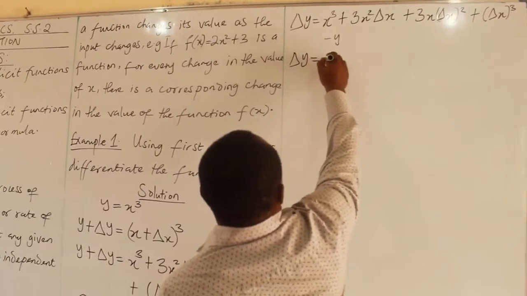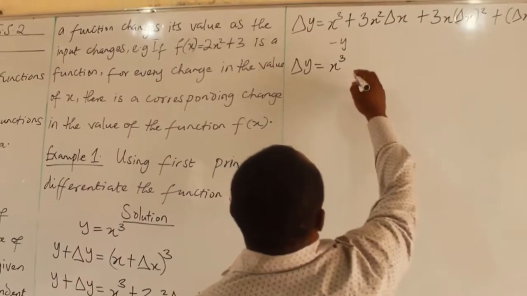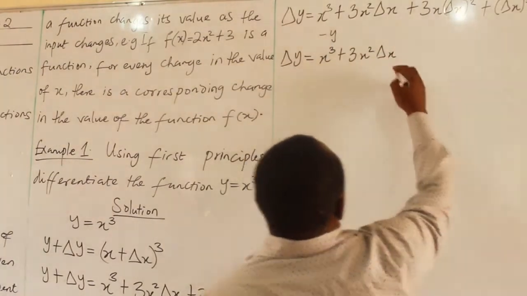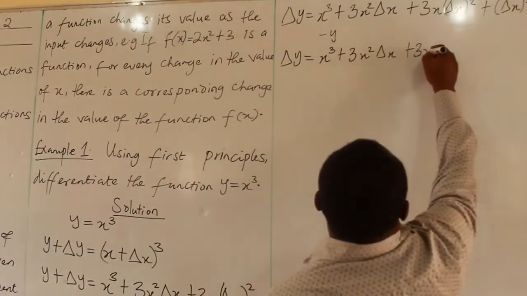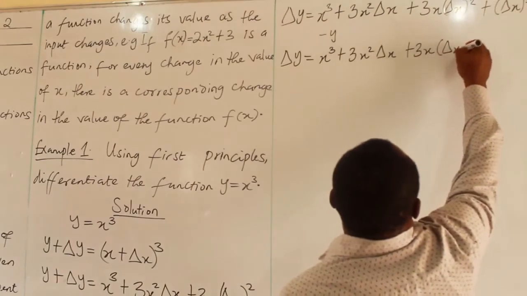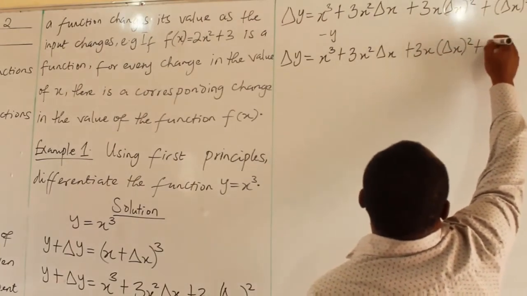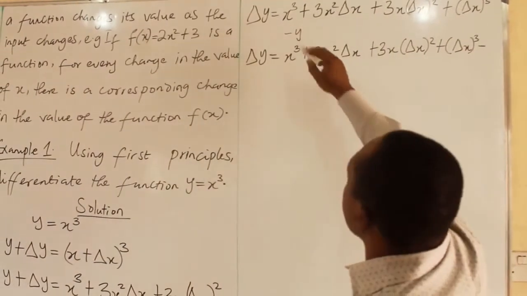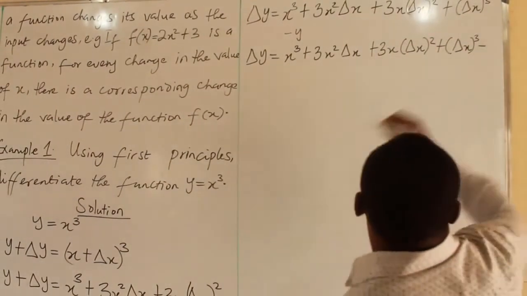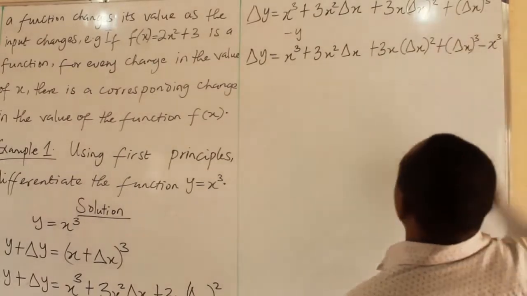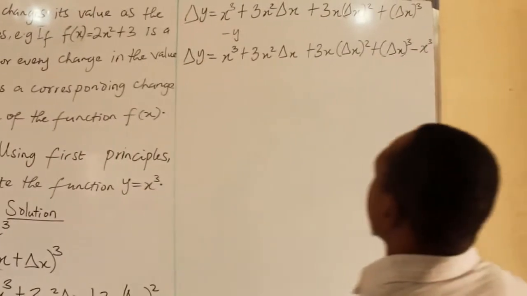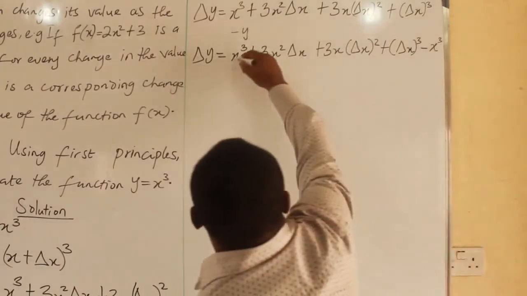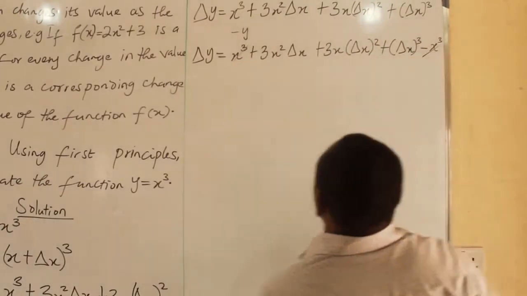Delta y is equal to x raised to the power 3 plus 3x squared delta x plus 3x delta x all squared plus delta x all cubed, minus x raised to the power 3. Here we have x to the power 3 and minus x raised to the power 3, so both of them cancel themselves out.